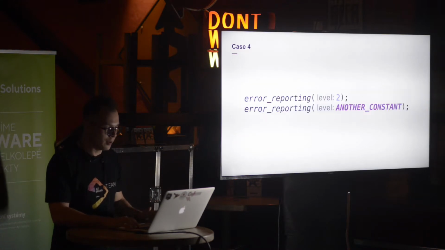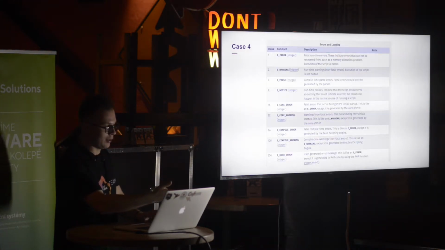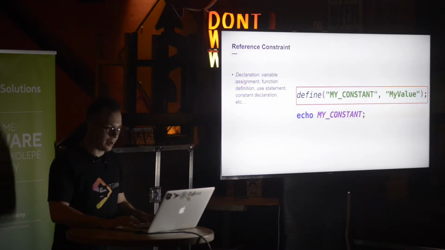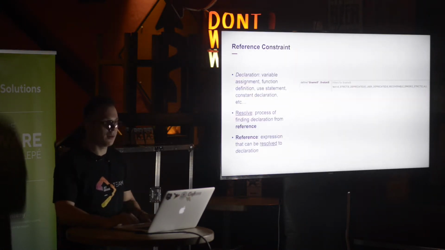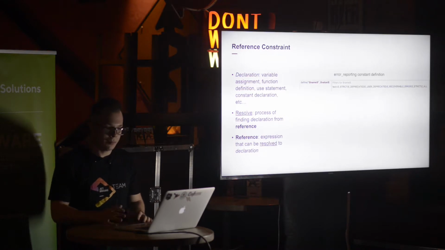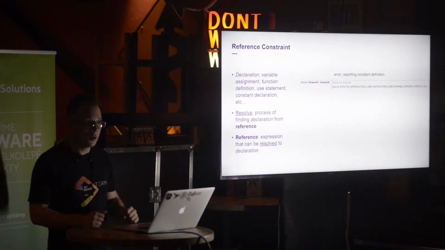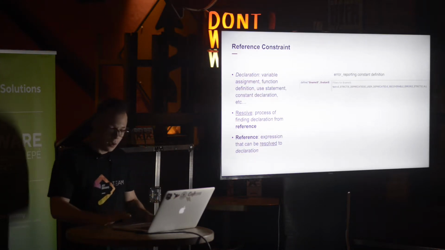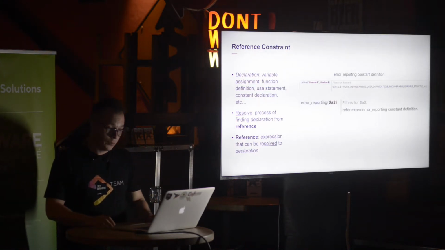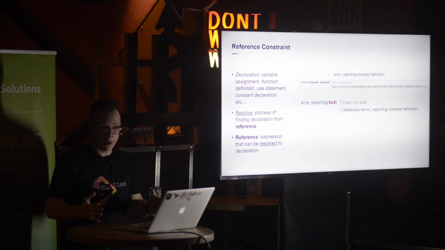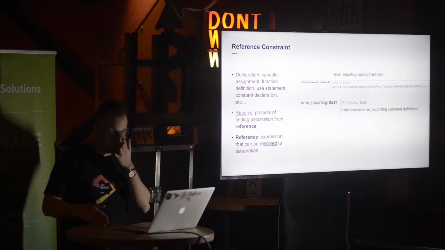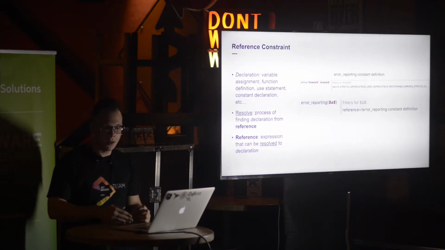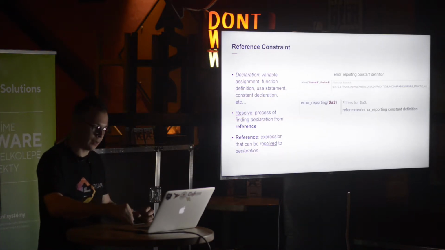If we remember such error, warning, and so on, we will just find such declarations and save this template by a name, for example, error reporting constant definition. After that, we create a second template, which finds all error reporting calls, and for the argument we specify a reference constraint, which will stand for the negation of such reference constraint.